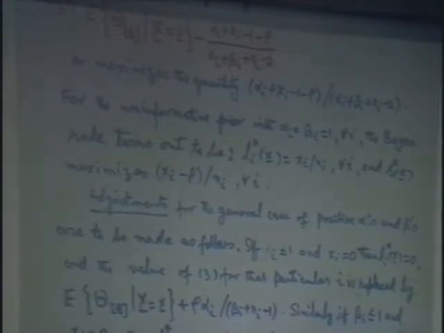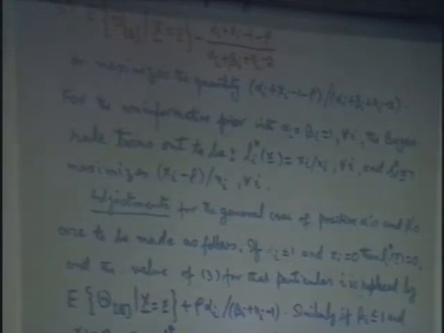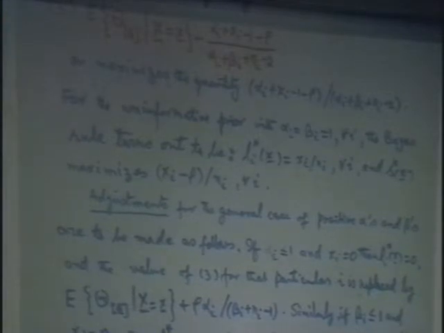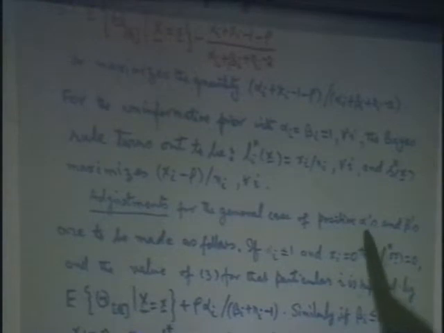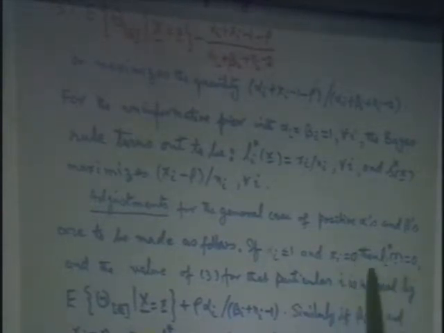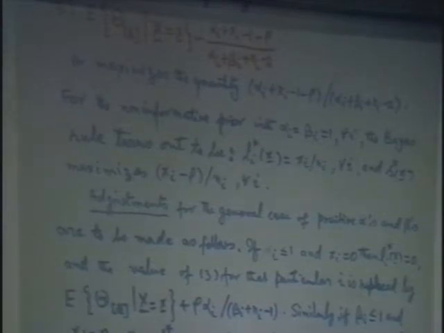So a remark: adjustments for the general case of positive alphas and betas are to be made as follows. I mean, cases where alpha i's or beta i's are not necessarily greater than 1. If alpha i is less than or equal to 1 and xi is 0, then Li star x is 0, and the value of this equation 3 for that particular i is replaced by this particular quantity here.